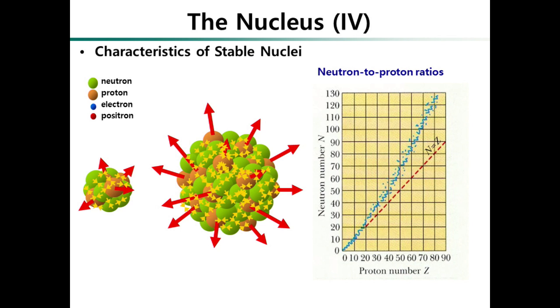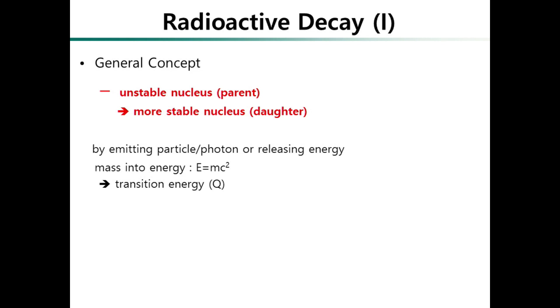As I know, the 1-to-1 line is here, but in the natural way, a slightly lesser proton number is preferred because of the electro-repulsion in the nucleus.